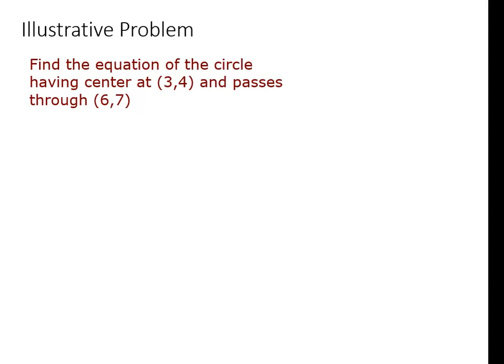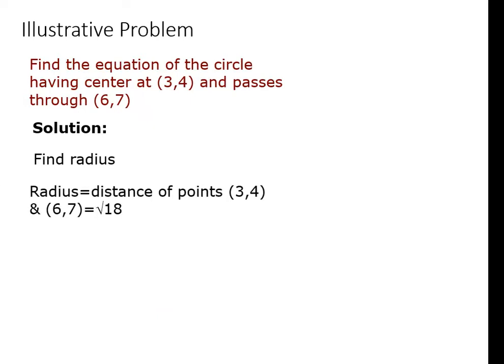Next one is standard form. Find the equation of the circle having center (3, 4) and passes through the point (6, 7). Just see the graph of this function. First is radius, and the radius is the distance between (3, 4) and (6, 7).